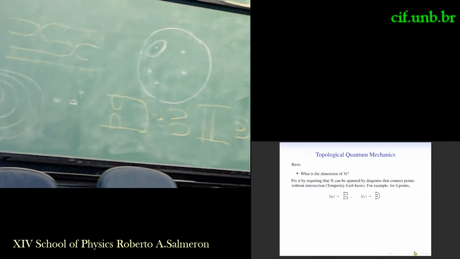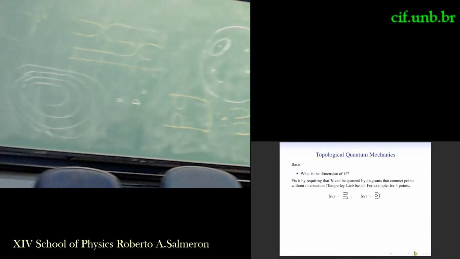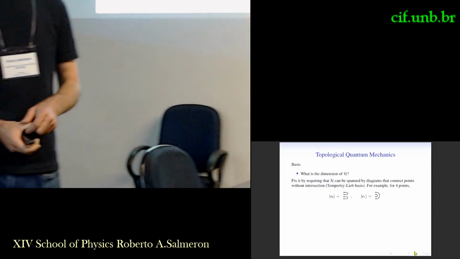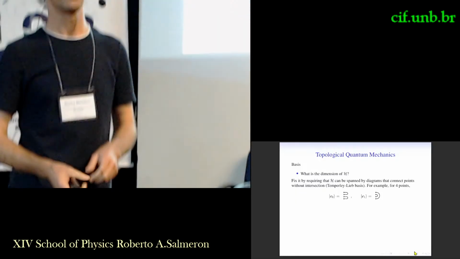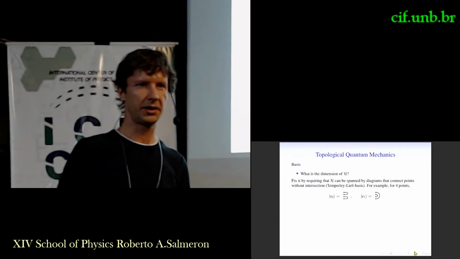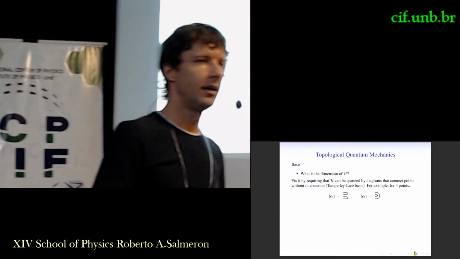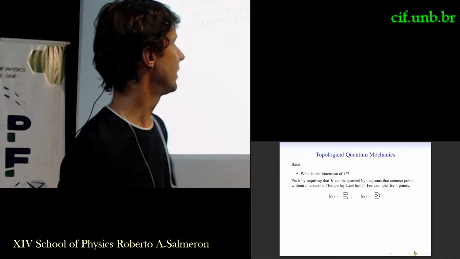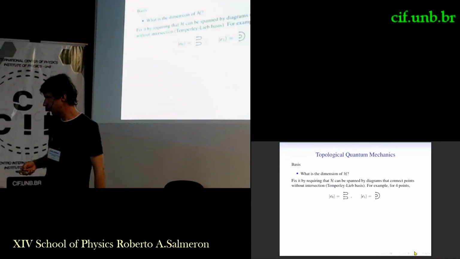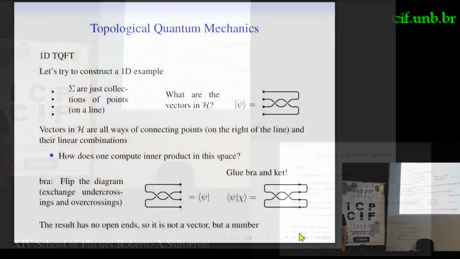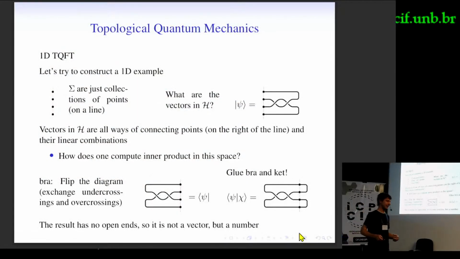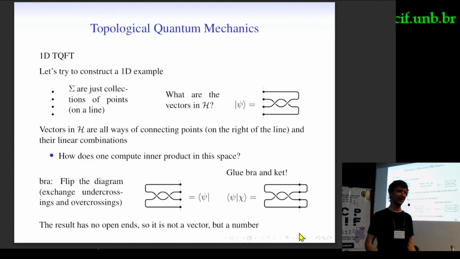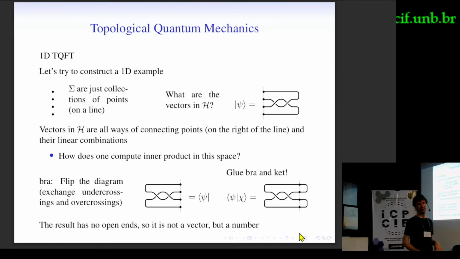Yes? There should be R3? Yeah, so implicitly, in the previous slide, my theory requires me to think of three-dimensional space, so it is best to think that these lines exist in three-dimensional space.